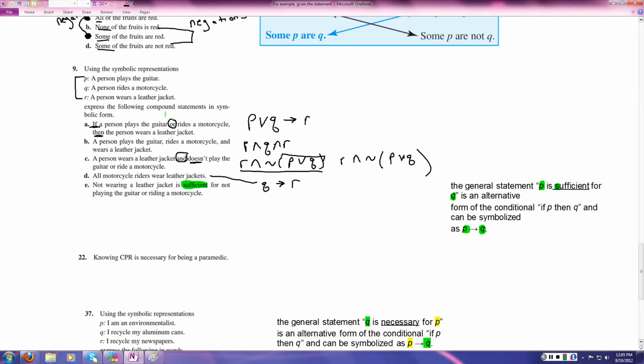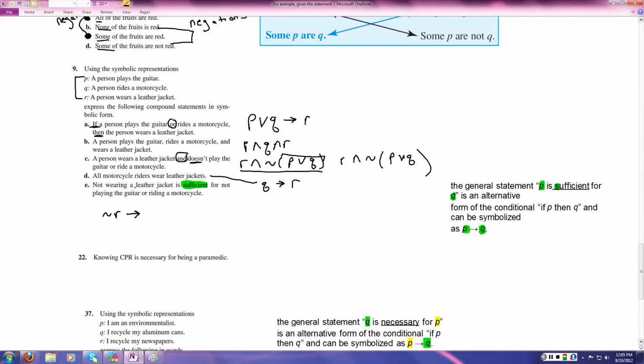So not wearing a leather jacket, so not R, because R is wearing a leather jacket, is sufficient. Anytime I have necessary or sufficient, it's going to be a conditional. Sufficient tells me I'm going to write it in the same order.